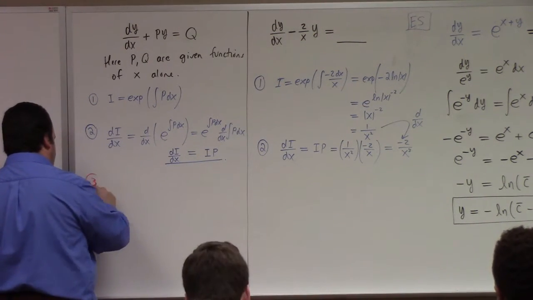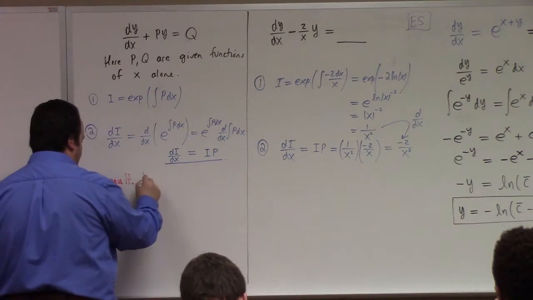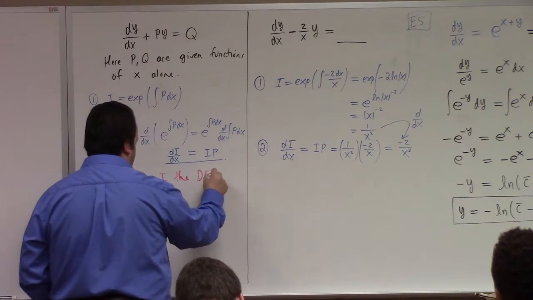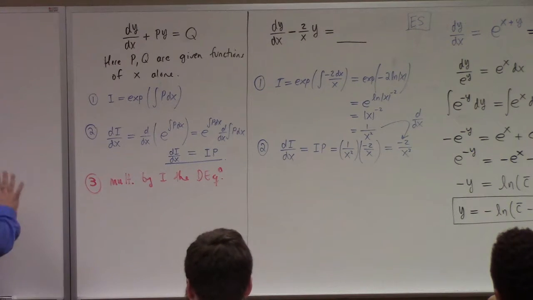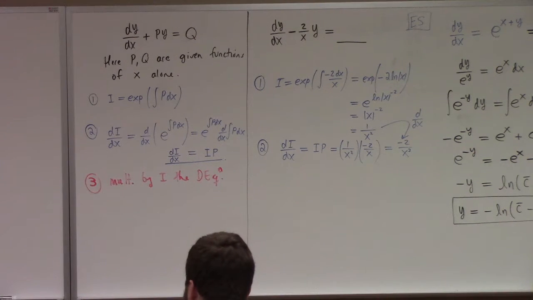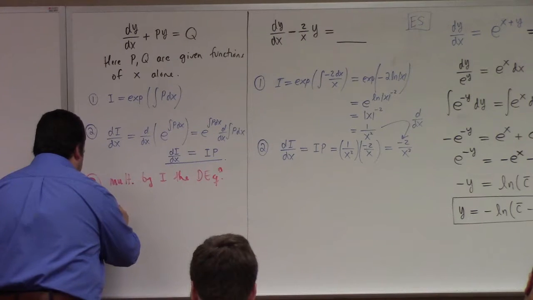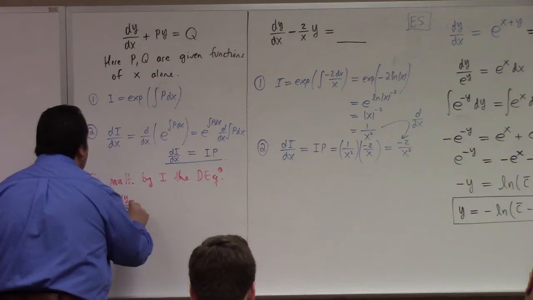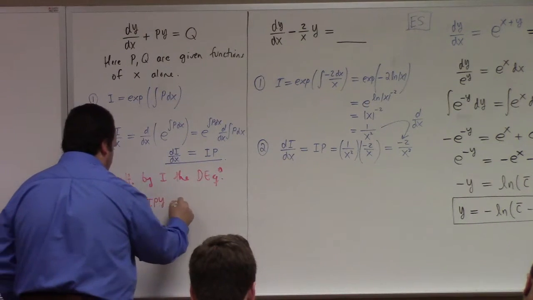Step 3, multiply the differential equation by I. Whoa, this marker. Wow. Yowzers. That was stout. So we have I dy/dx plus Ip y equals Iq.